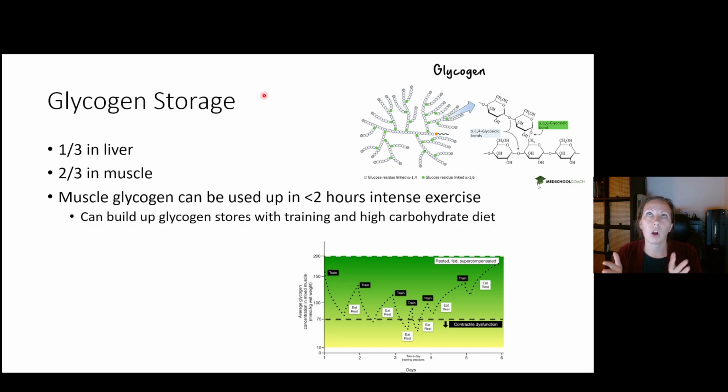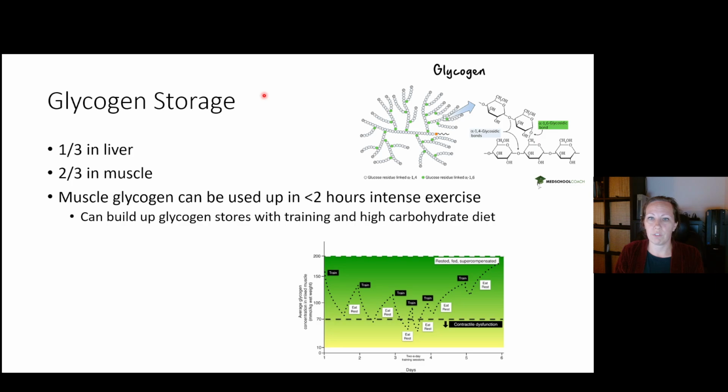There are alternate ways to fuel the muscle, and it depends a little bit on how much training your muscles have had and what type of muscle fibers you have. You can change your muscle fiber type depending on the training you do.